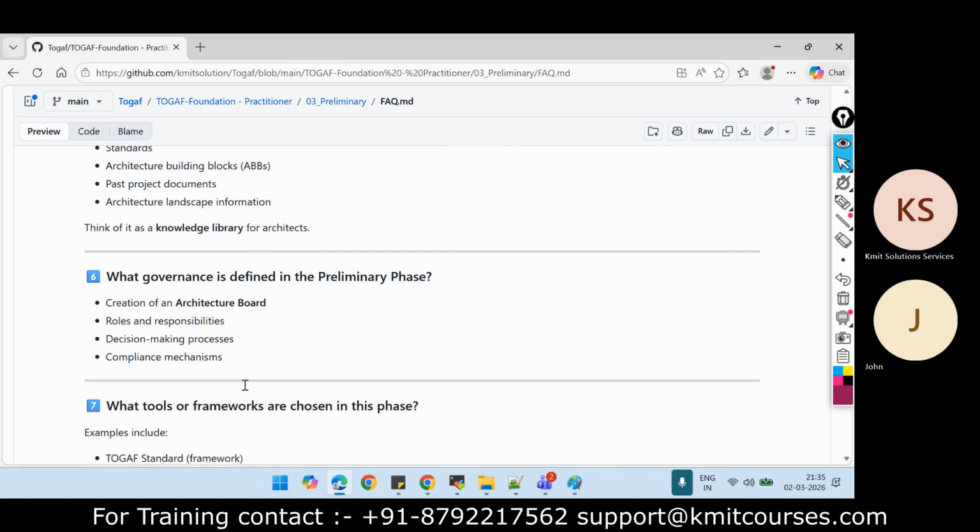So all the decision making statements are made by the governance body. Here we have discussed that we can create the architecture board where we can define the roles and responsibilities, decision making statements, and compliance mechanism. So this is the governance in the preliminary phase.